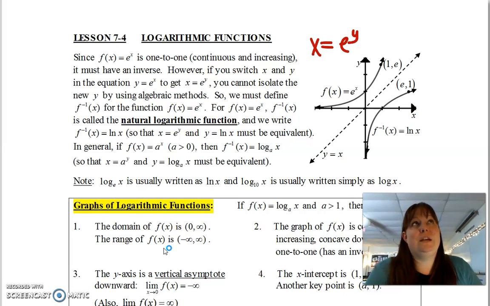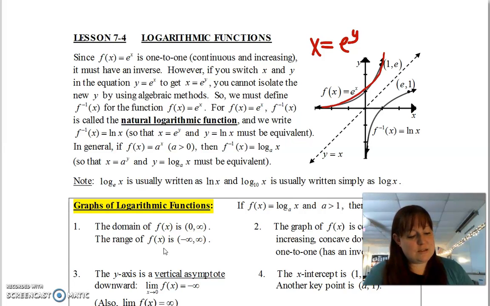So we have to define a new function to undo e, or undo all of these exponents. And so that's where the natural log and the log functions came into play. They said, okay, here's this function, e to the x, and we want to figure out what its inverse is. And so we defined this thing called a log, and in e's case, since it's the natural base, we call its log the natural log.